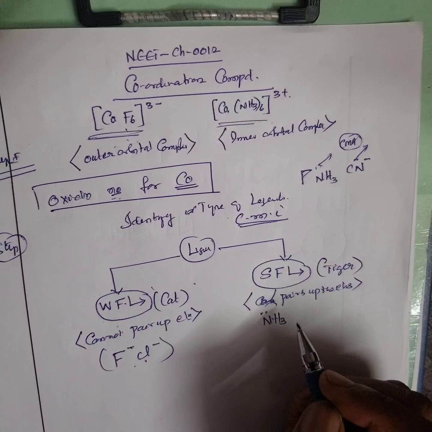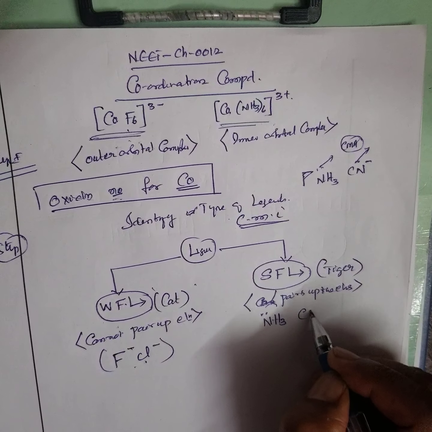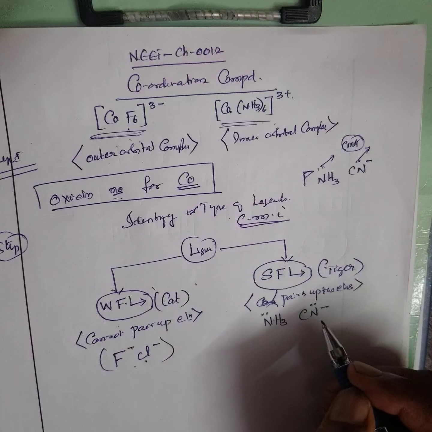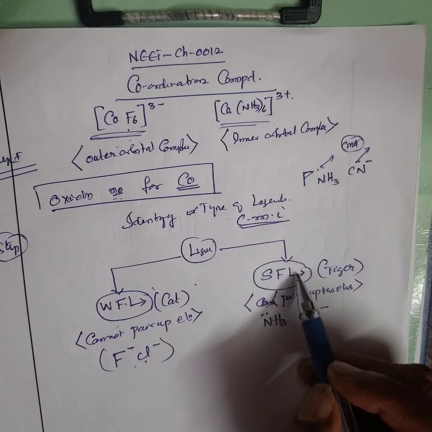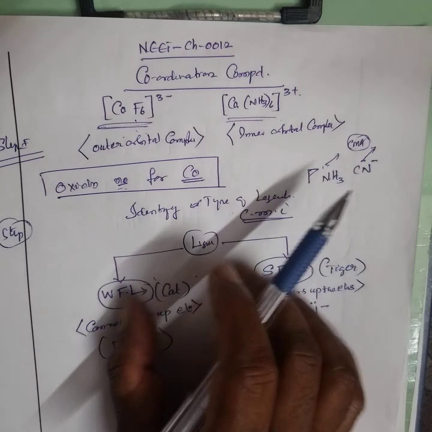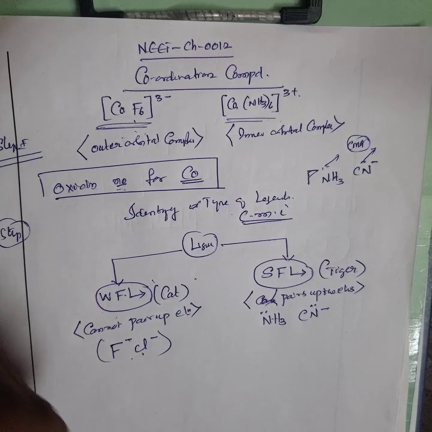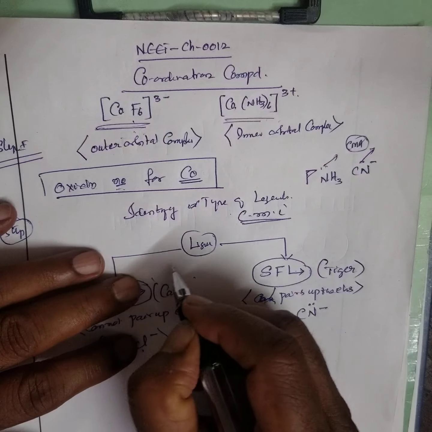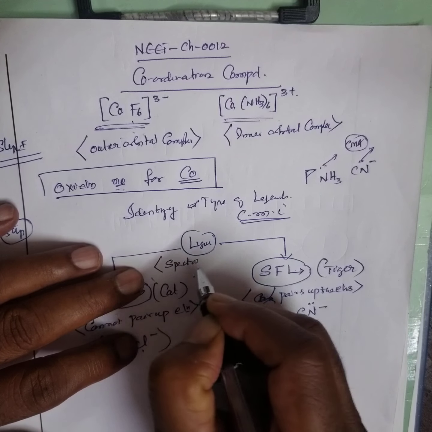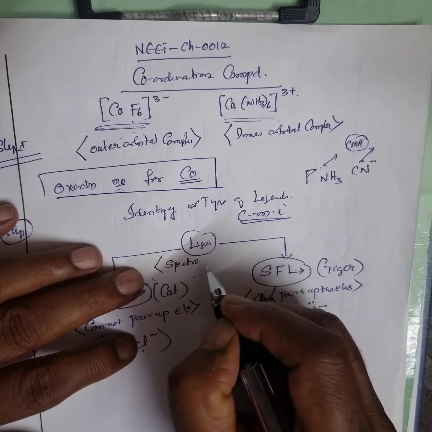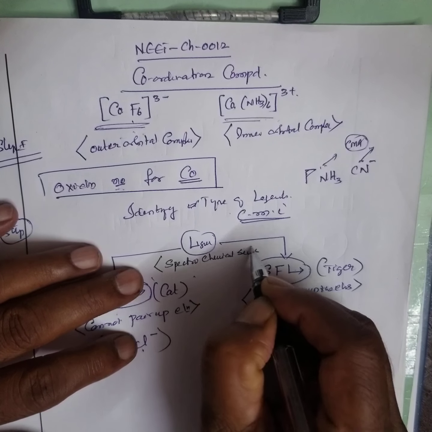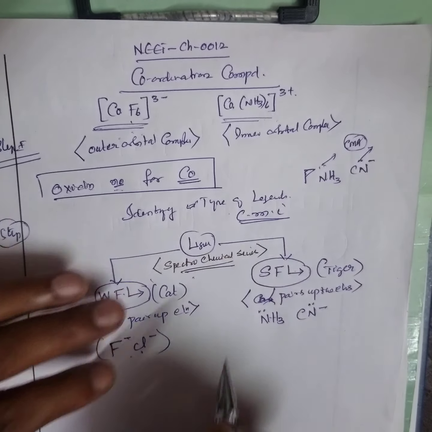Ammonia and cyanide are examples of strong field ligands. This is how they classify ligands as strong or weak. You have to go through the spectrochemical series, but that is not our subject now.